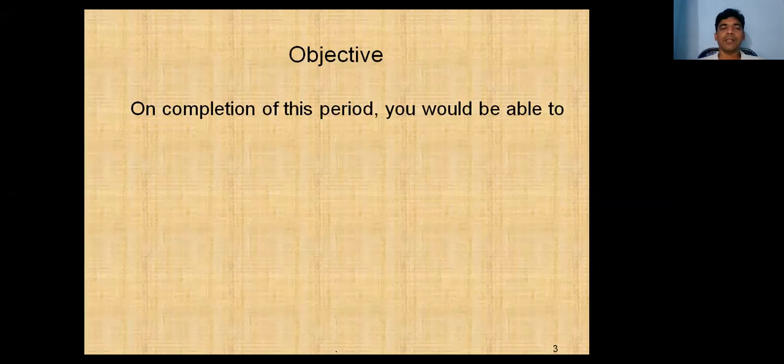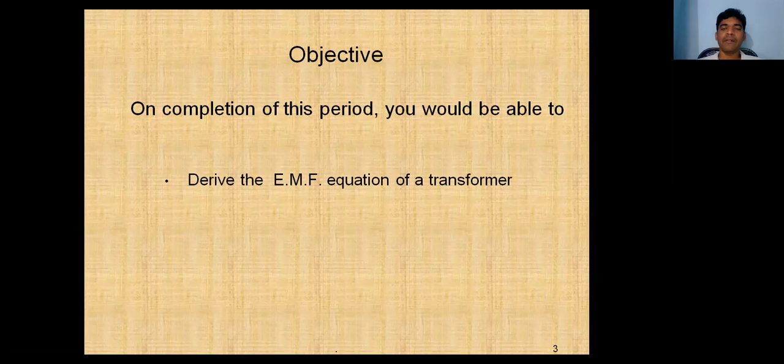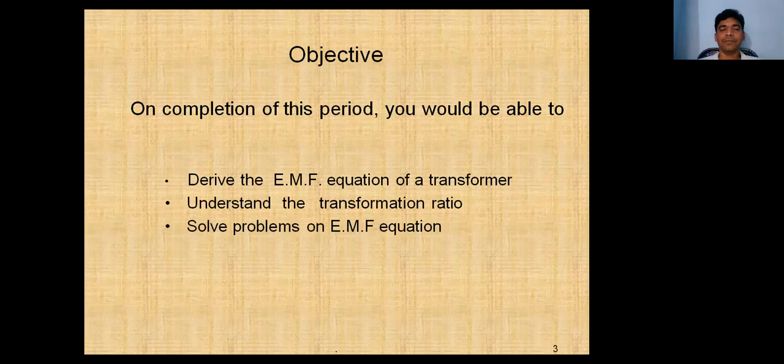Coming to today's class, on completion of this period, you would be able to derive the E.M.F equation of a transformer, understand the transformation ratio, and solve problems on E.M.F equation.